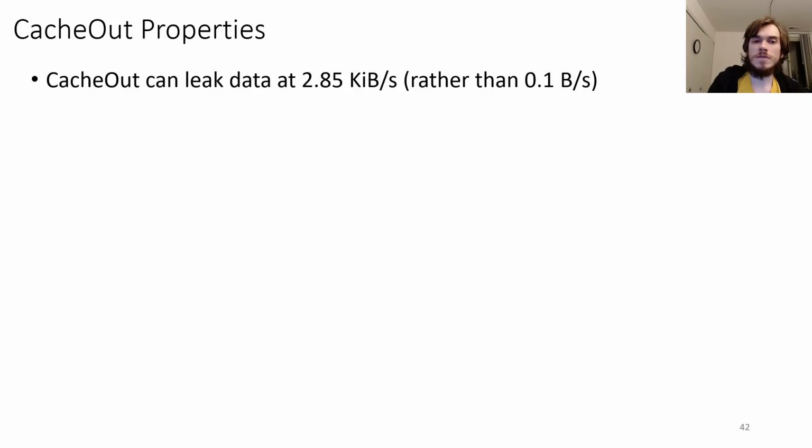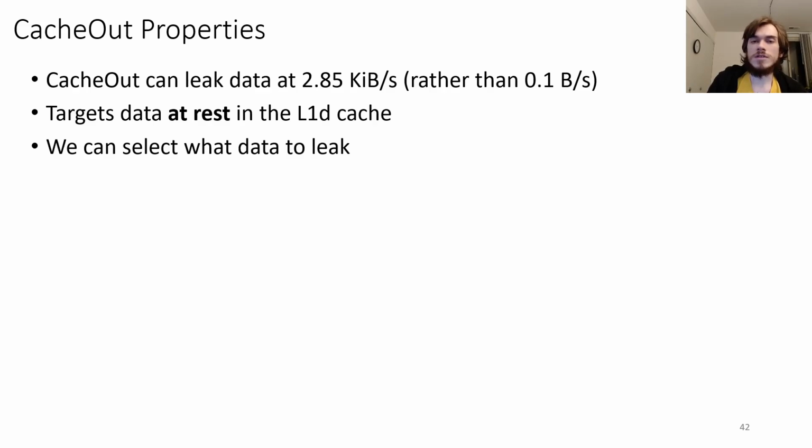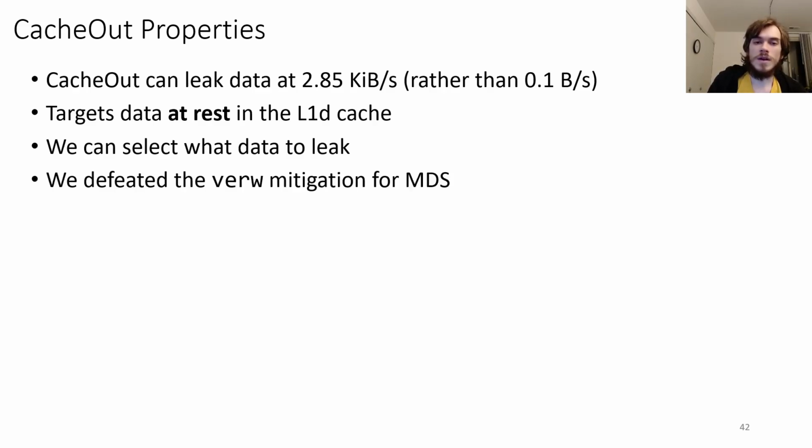So what are some properties that we found for CacheOut? We found that CacheOut can leak data at 2.85 kilobytes per second. And because we target data in the level 1D cache, we can target data that's at rest. And thanks to the evictions, we can also select what data we want to leak in particular. And finally, we managed to defeat the VERW mitigation that is put in place for MDS.